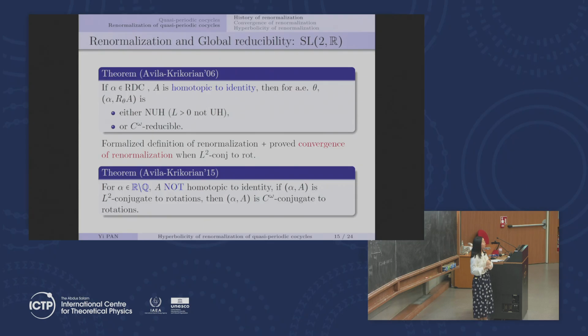Then it is the region where KAM can apply. And that's how they deduce reducibility. On the other hand, when the limit is no longer constant, what can they tell? In Avila-Krikorian 2015, they find another tool, monotonic cocycles, to deal with it and finally solve the rigidity problem without any arithmetic condition on alpha.